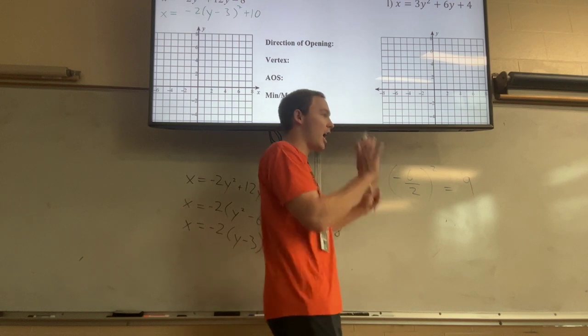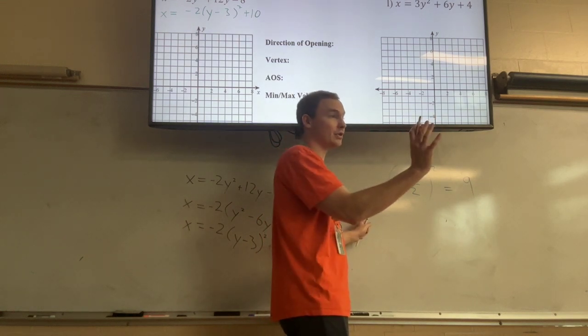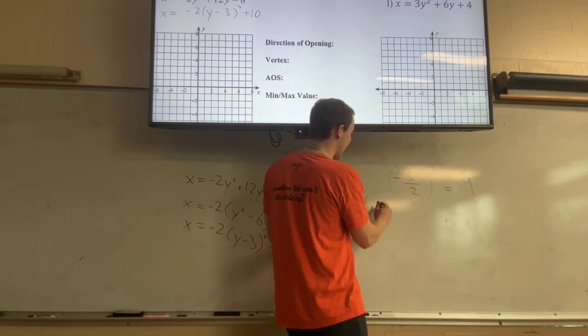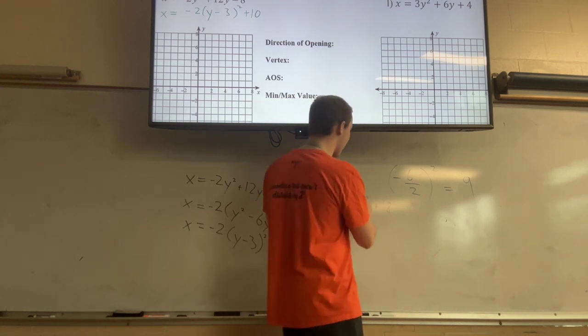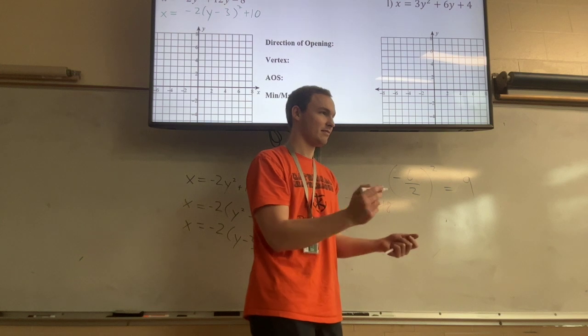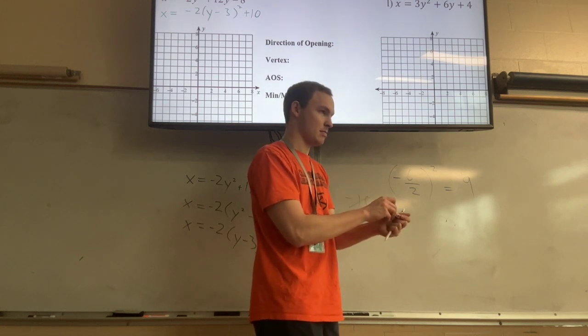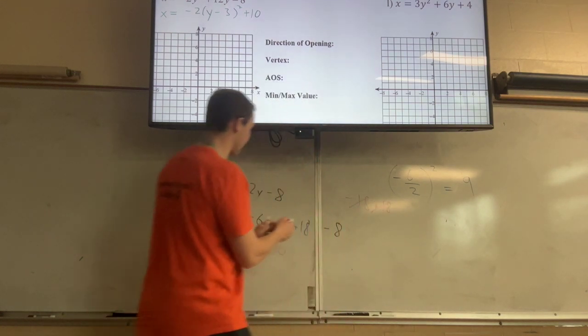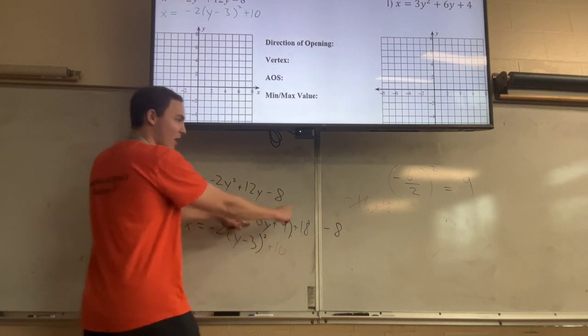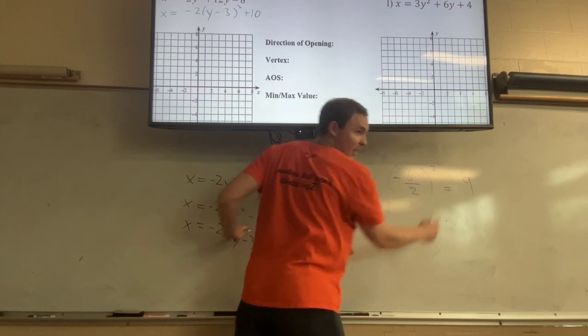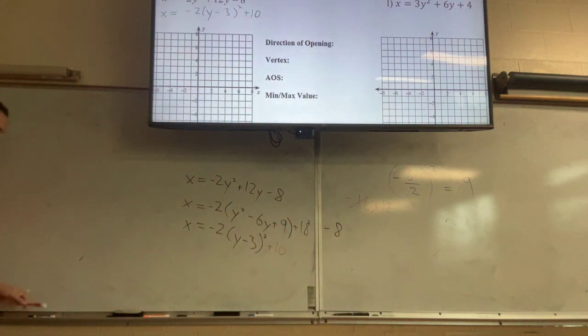What I am allowed to do is subtract and add the same number at the same time, because these immediately cancel. Why was it 18 and not 9? Because this negative 6, I divided by 2 and squared it, and that gave me 9. Okay, good. Got to the root of that one.